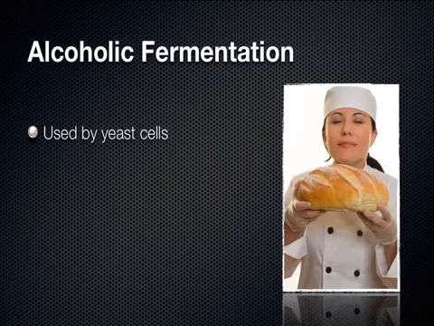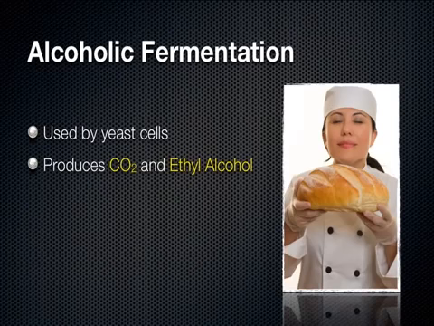Alcoholic fermentation is used by yeast cells, and we're going to look at this in the lab that we're doing on Friday. This is also when there's no oxygen available, and this produces carbon dioxide and ethyl alcohol. It yields 2 ATP. Is that a good thing? Yes, 2 is not as good as 36, but it's still ATP. It's still energy that we can use when there's no oxygen present or under anaerobic conditions.